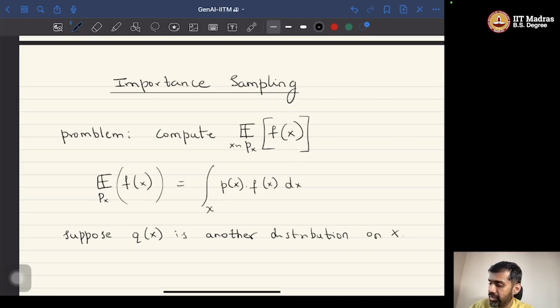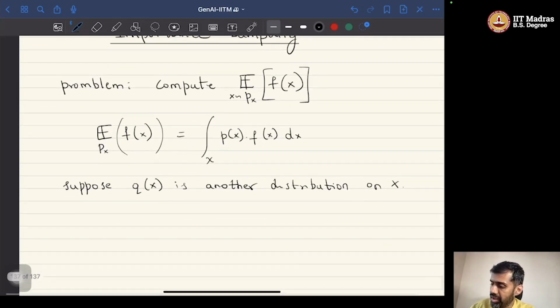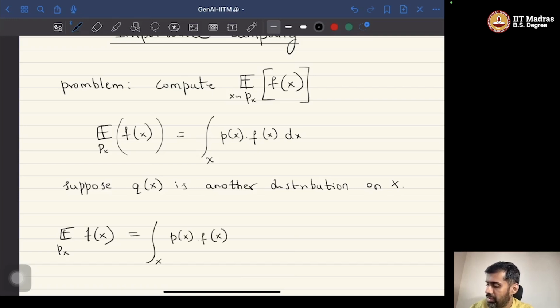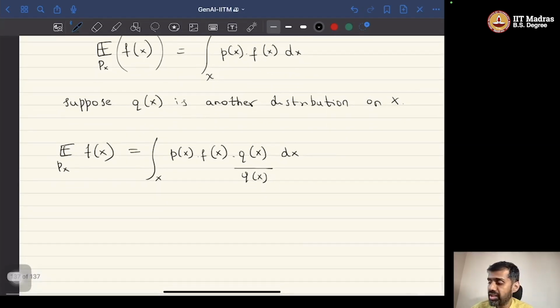If this is the case, then what I can do is represent the expectation of f of x with respect to px as follows. I will simply multiply and divide this particular integral by qx. Now because qx is a density function, it is always non-negative and the integral does not change if I simply multiply and divide the integral with this particular function qx.